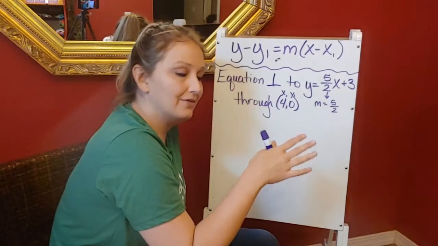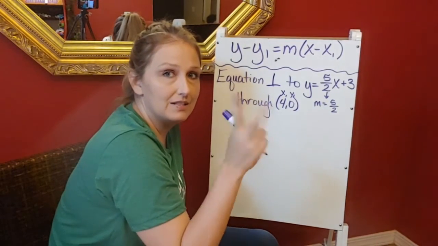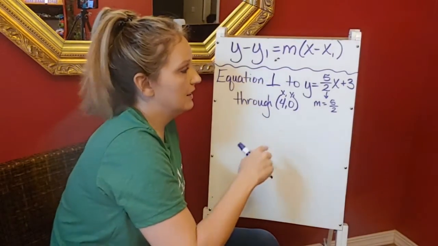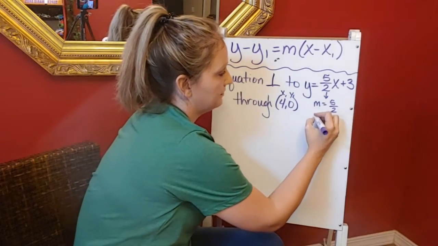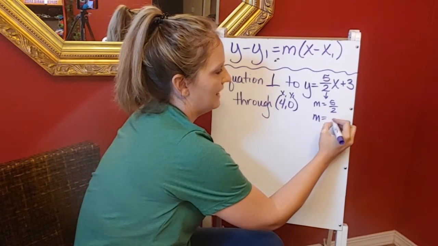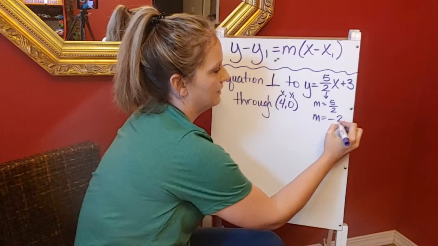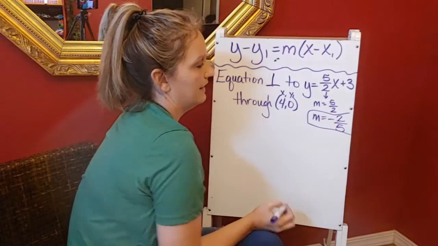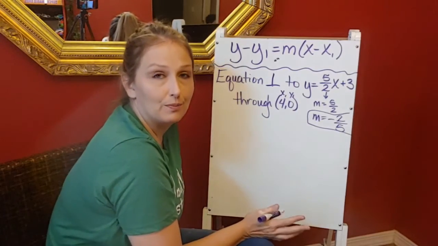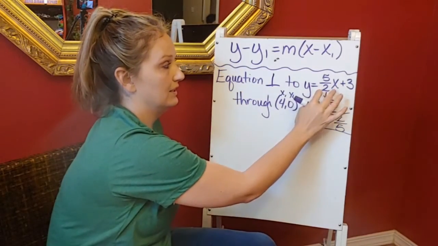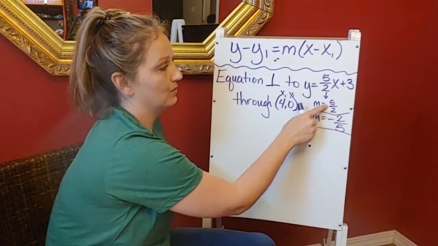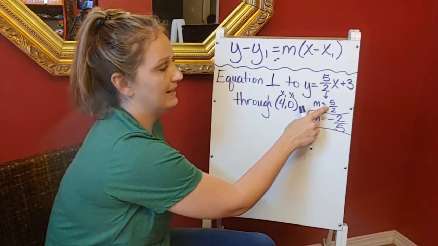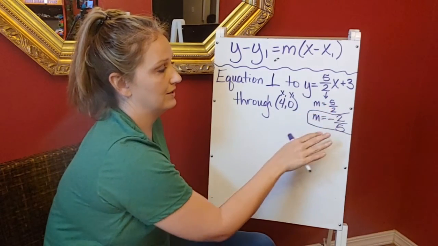Or if it's negative, I'm going to make it positive. And then I'm going to flip my fraction. So now, instead of using 5/2, I'm going to use negative 2/5. That's the slope that I want to use for a perpendicular line to this one. That is the opposite reciprocal of this one. So I've just made it a negative and then flipped the fraction.